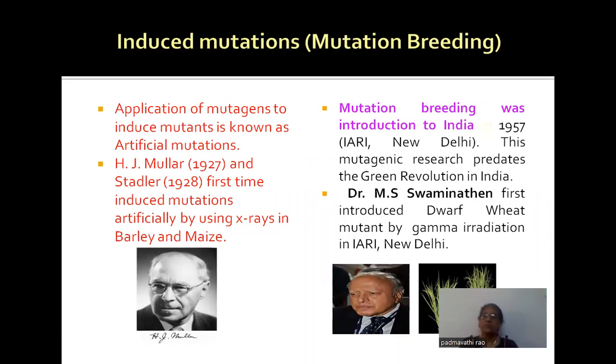Generally, a normal wheat plant requires 3 months for grain production. But in this variety, we can get the grains within 1.5 months. This is a more superior variety, first produced by Dr. M.S. Swaminathan at IARI, New Delhi.